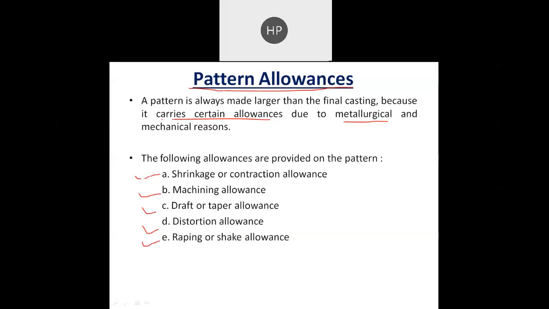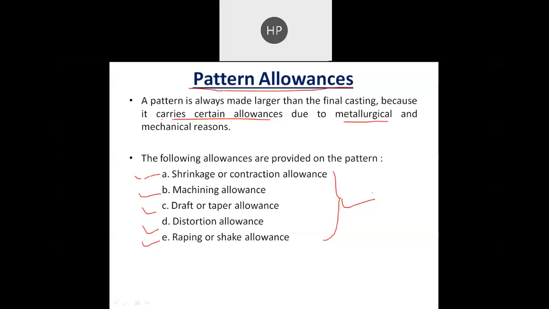So these 5 pattern allowances are very important to understand, and sometimes you will get a question from this. This is a very important question from the exam point of view also. It may be asked: explain various pattern allowances with neat sketches.